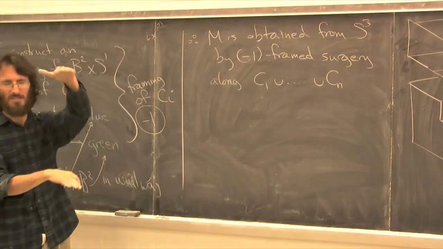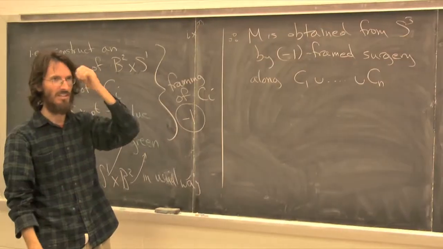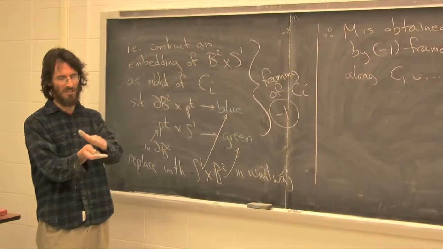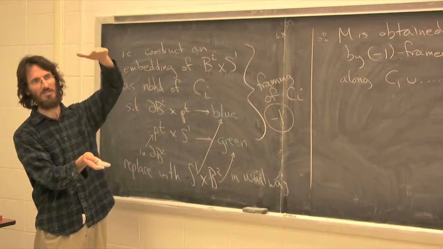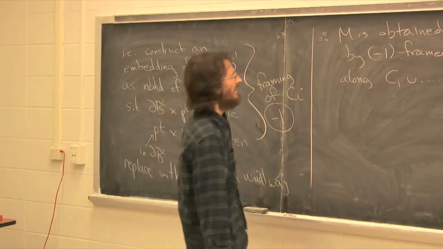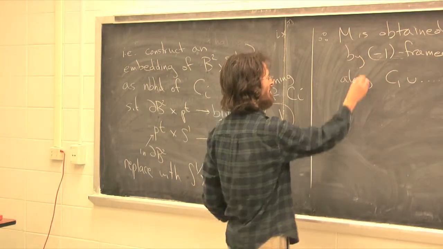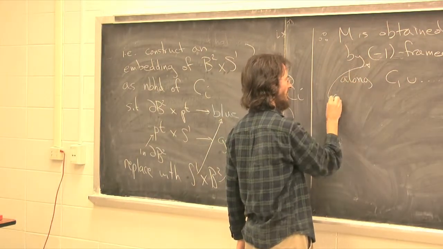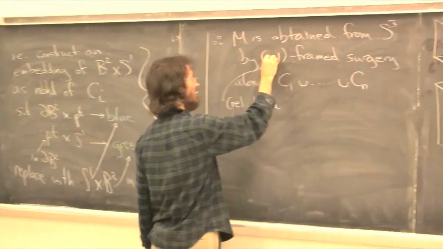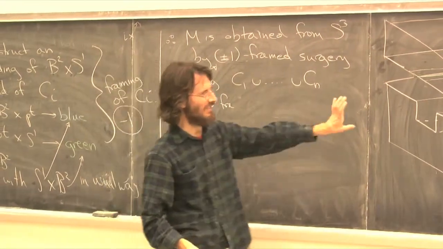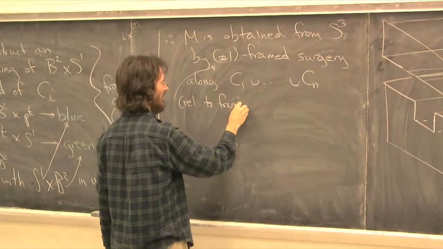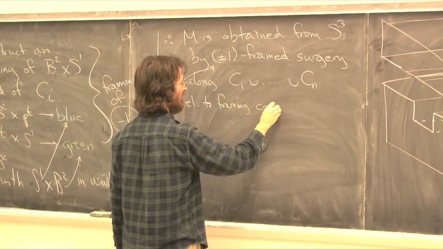Just notice you displace them one on top of the other, right? So on a given surface they may intersect lots, but I put them on parallel copies of the surface, stack them on the other. This is -1 framed, and just remember that's -1 relative to the framing. I should really say plus or -1, because if it was a Dehn twist the other way, it would have been the other one, but relative to the framing coming from the surface.